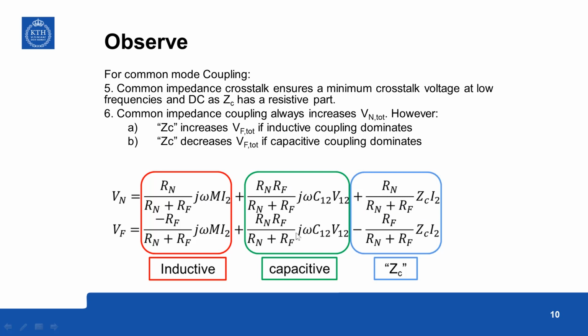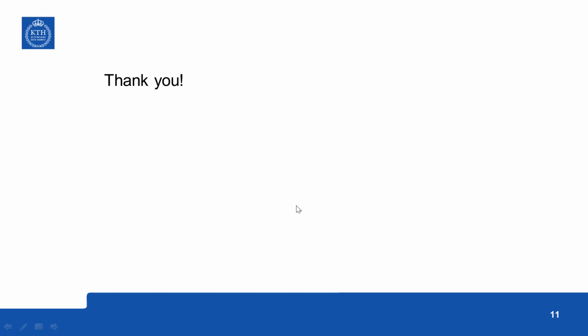But if capacitive coupling is dominant, then it increases the near end crosstalk but may decrease the far end crosstalk. So you can find some difference between near end and far end with common impedance coupling. So that ends module 3. Thank you.